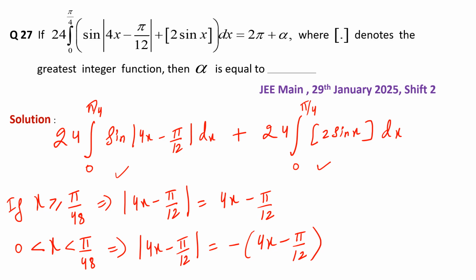We also know that sine of minus theta is equal to minus sine theta. So that means when x lies between 0 and pi upon 48, then sine of mod of (4x minus pi upon 12) will become equal to minus sine of (4x minus pi upon 12). Now students, we move further.